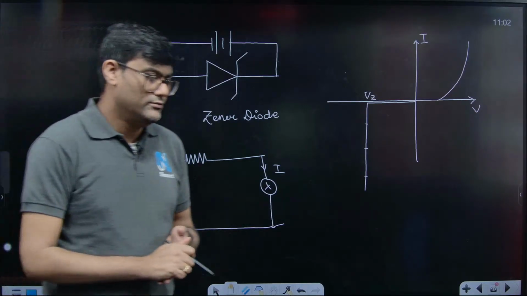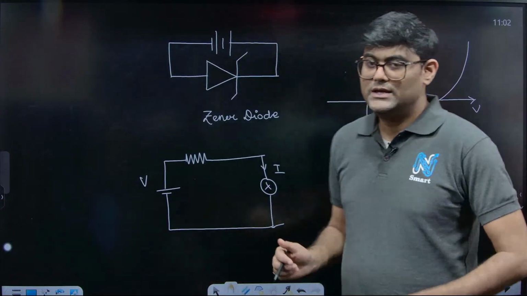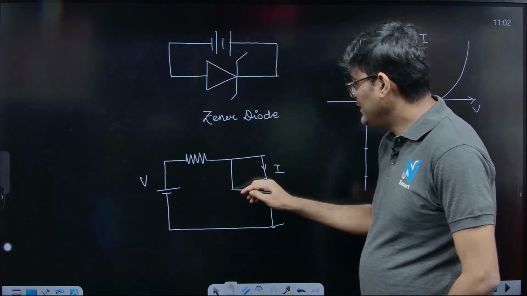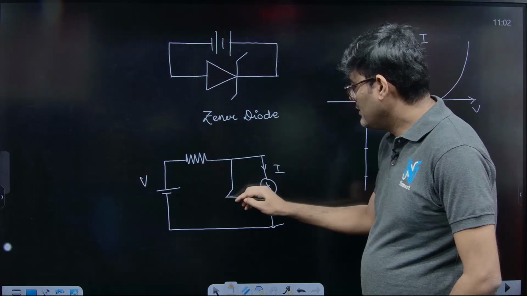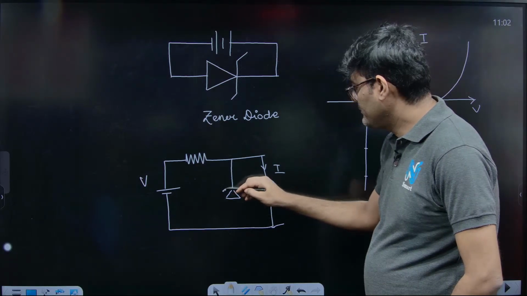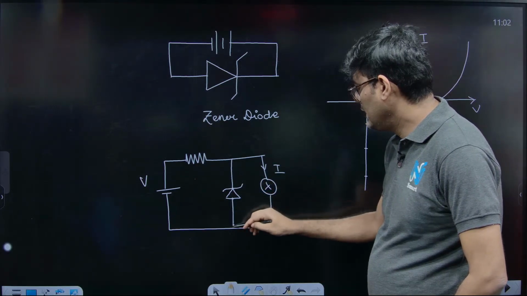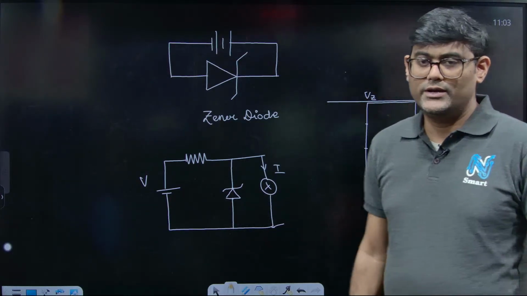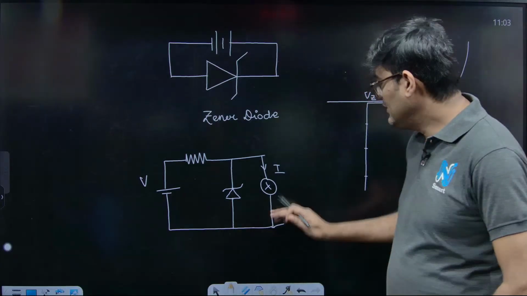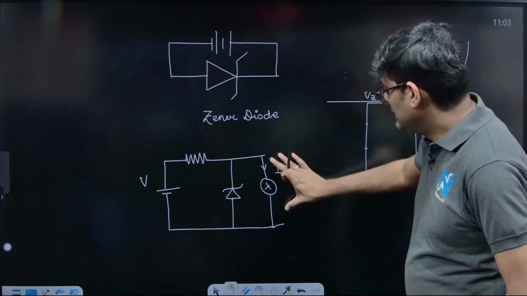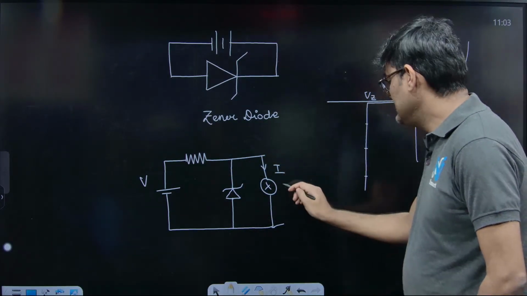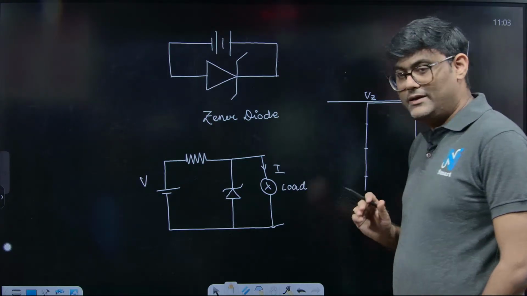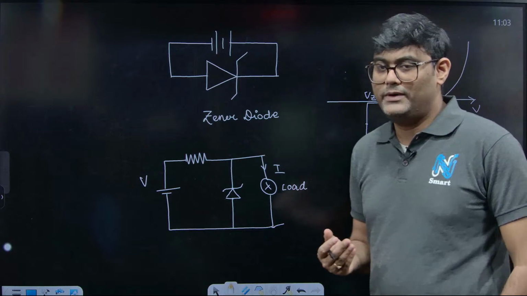So what we do, we introduce a Zener diode in this circuit like this. Now you can see that on the introduction of this Zener diode, the voltage across this load stabilizes whatever may happen.